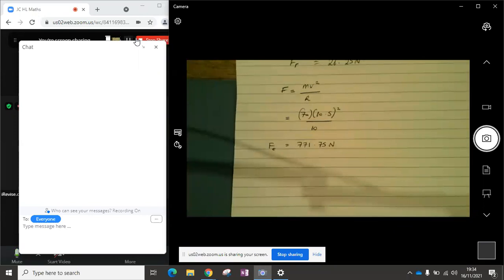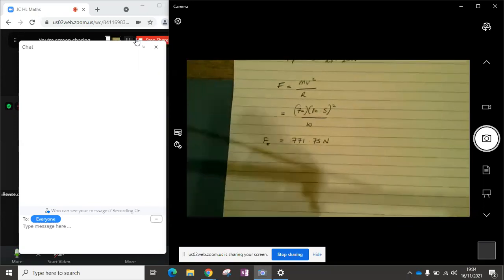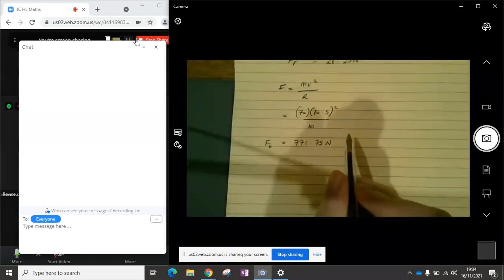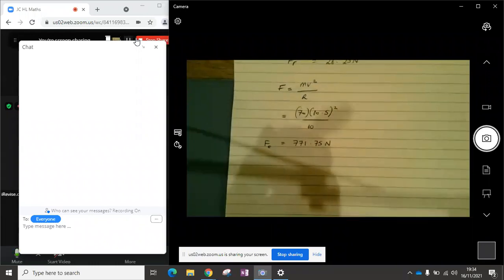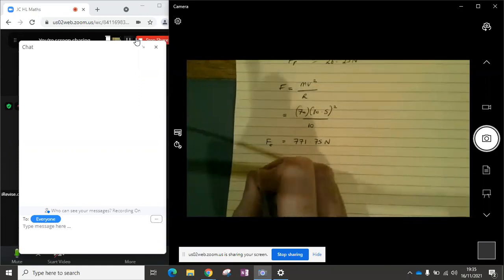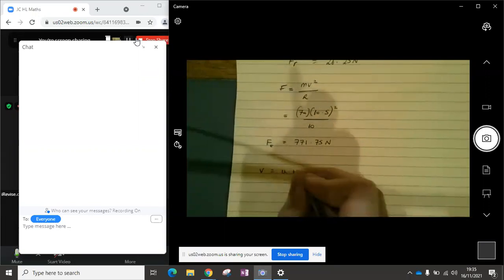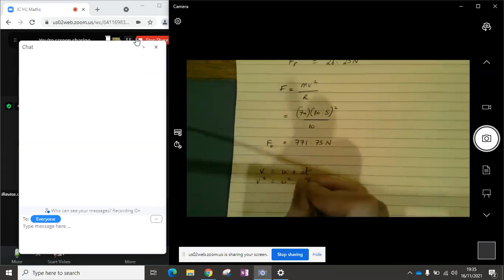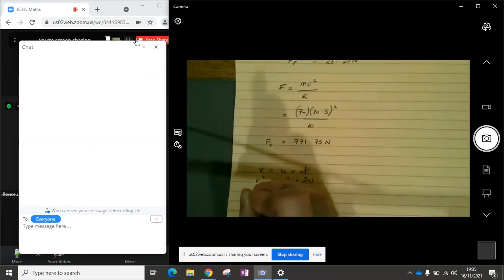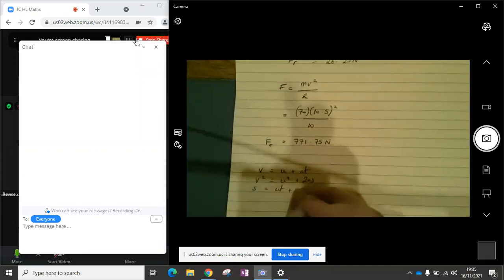Next part, what is the maximum height that the skateboarder can reach? So the skateboarder goes up the circular ramp and up into the air. What is the maximum height that he will reach? There's a few ways you could do this. Probably the easiest way would be to use your linear motion equations again: v equals u plus at, v squared is equal to u squared plus 2as, s is equal to ut plus 1/2 at squared.